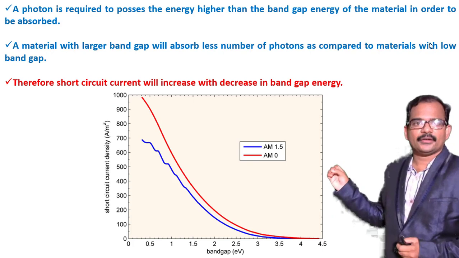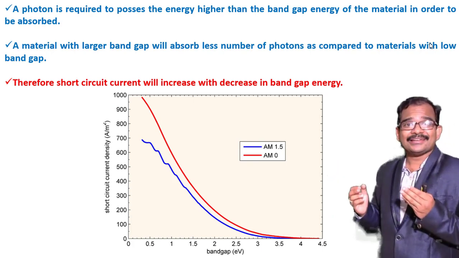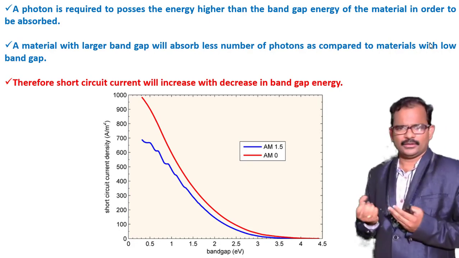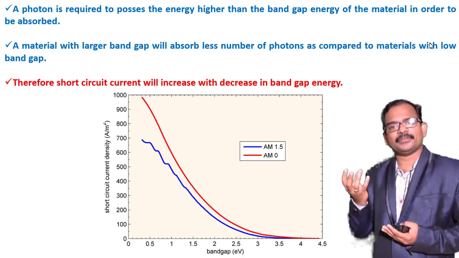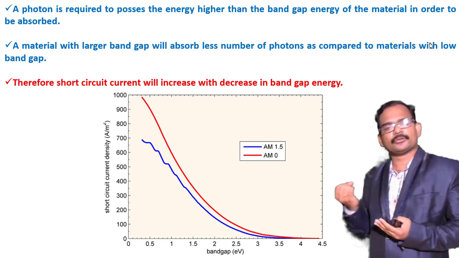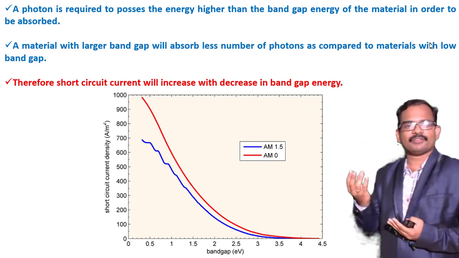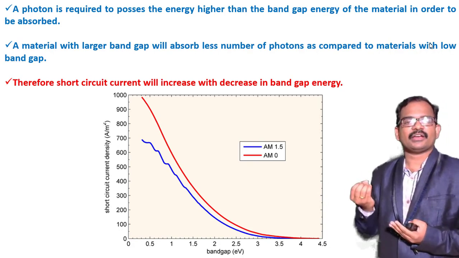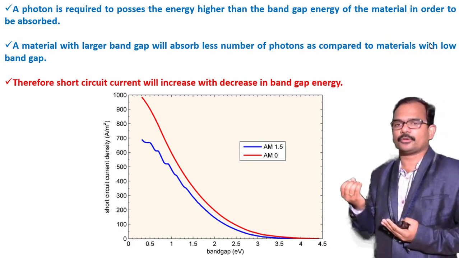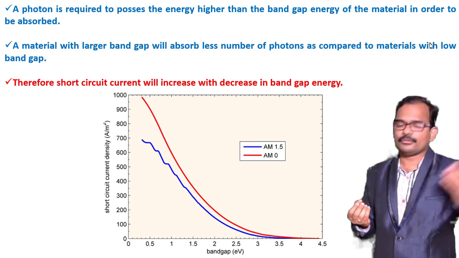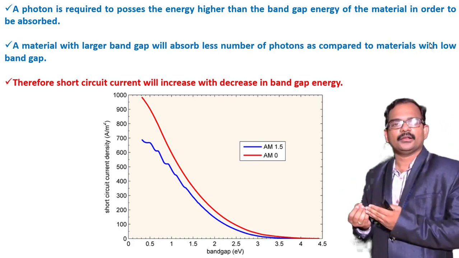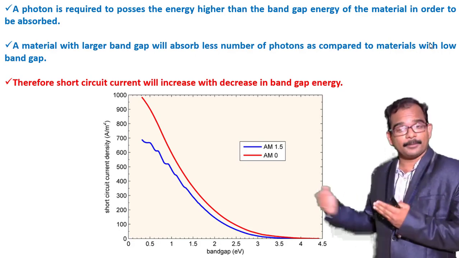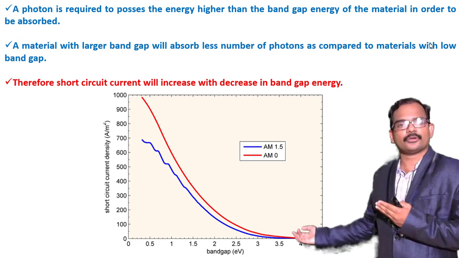A photon is required to possess energy higher than the band gap of the material in order to be absorbed. It's a very common fact. So what is band gap? It is the amount of energy required to move an electron from the valence band to the conduction band. If I make a solar cell with silicon, which has a band gap of 1.21 electron volts, the solar radiation falling on it should have energy more than 1.21 electron volts.